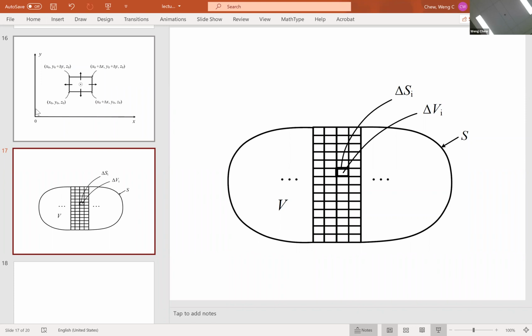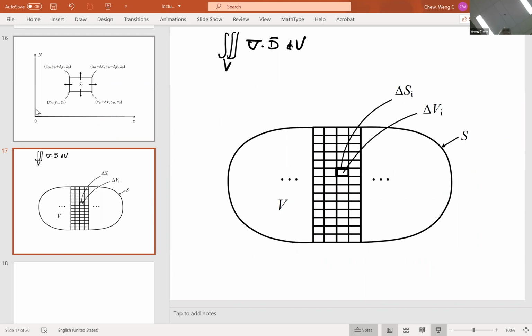Let's apply that to each of these cubes that we have seen here. Apply that small identity that I have written down in the previous slide. And then I take the divergence of B and integrate over the entire volume B that contains all these little cubes. But each of these cubes can be replaced with a surface integral.